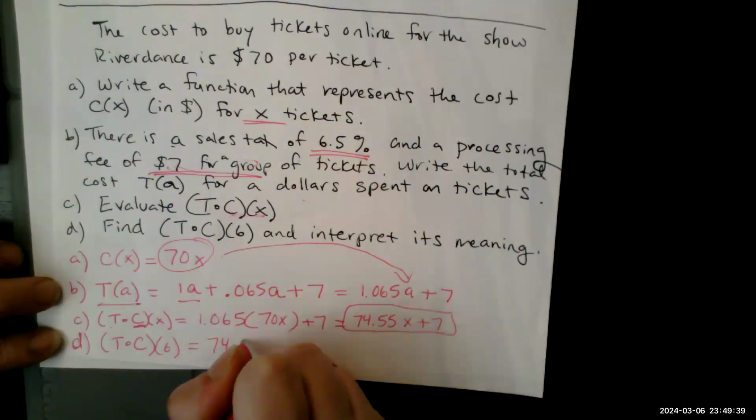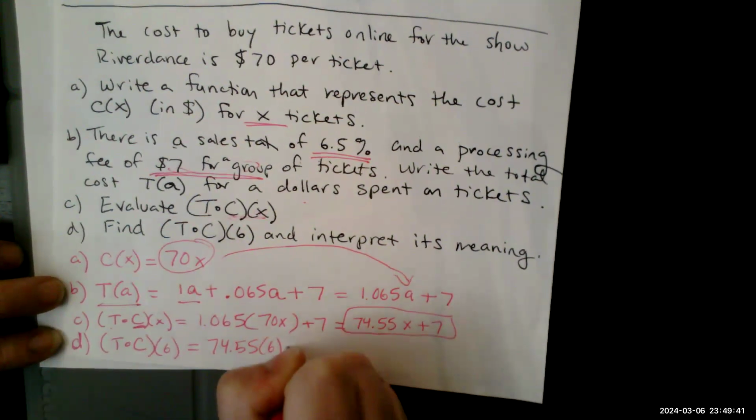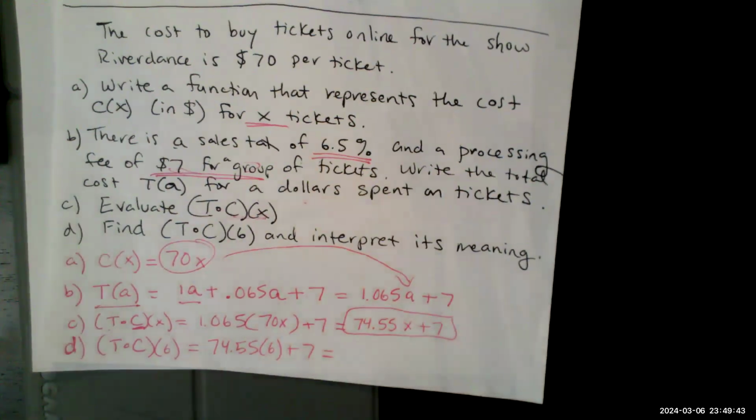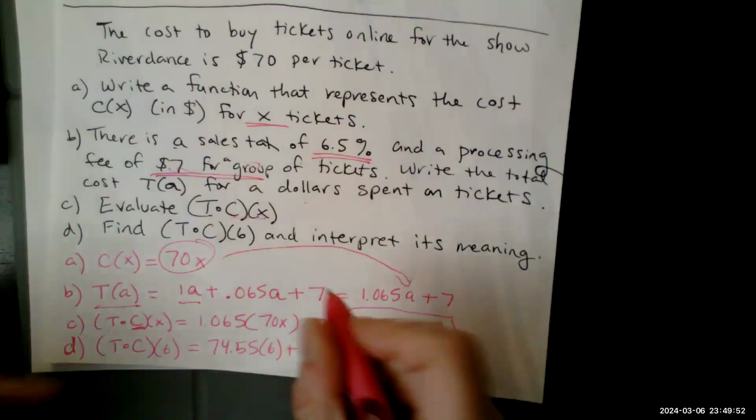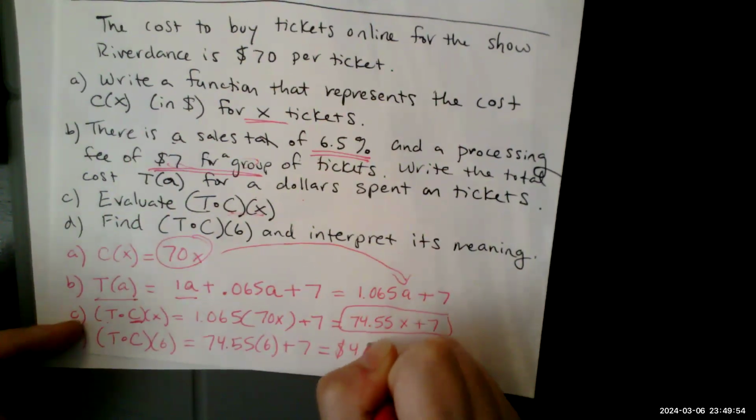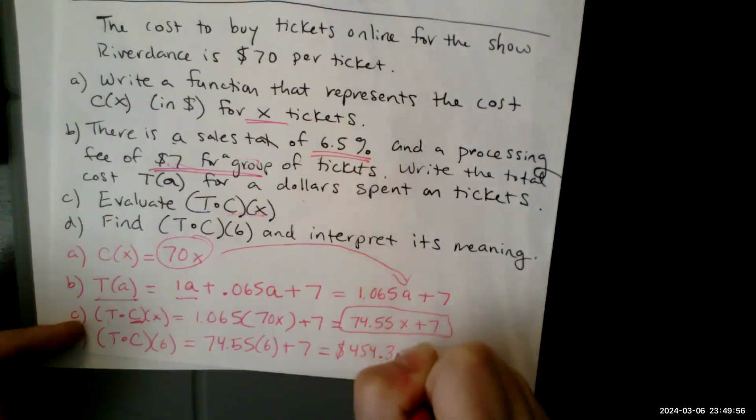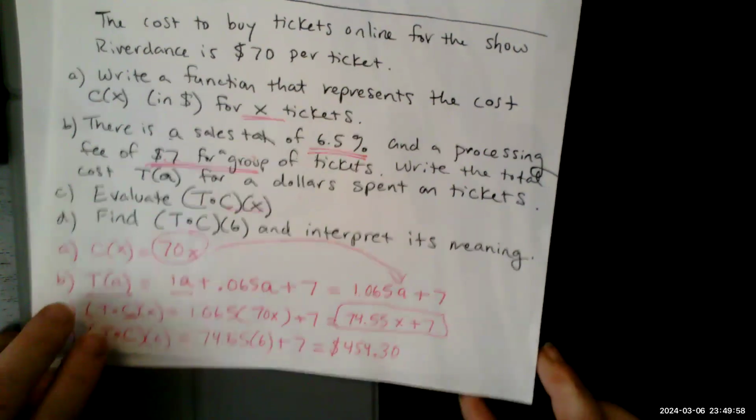So 74.55 times 6 plus 7 should give me my total cost for that many tickets. That's 454.3, but with money, we usually write it with 2 decimals.